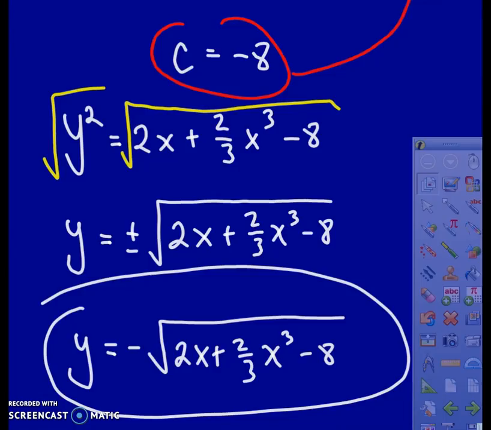That is why we only consider the negative radical 2x plus 2/3 x cubed minus 8 and not the positive. Including the positive would actually be wrong. Hopefully this helps. You went over a quick FRQ style problem, no calculator portion, that covers some topics from chapter 7, and that'll be it for this video.